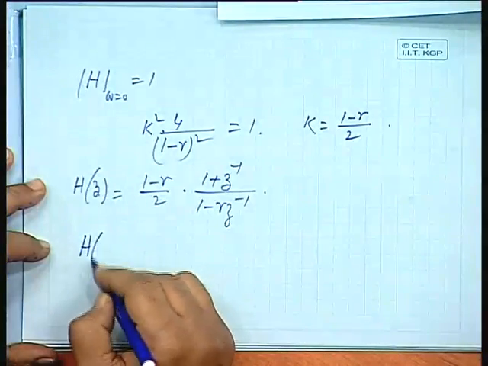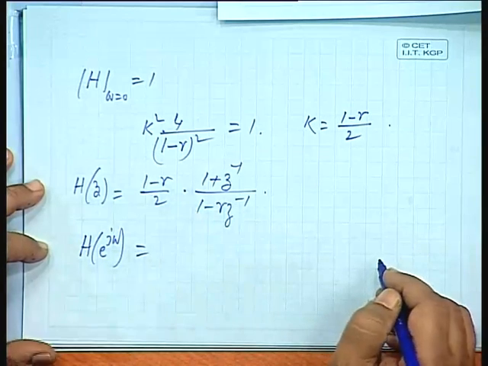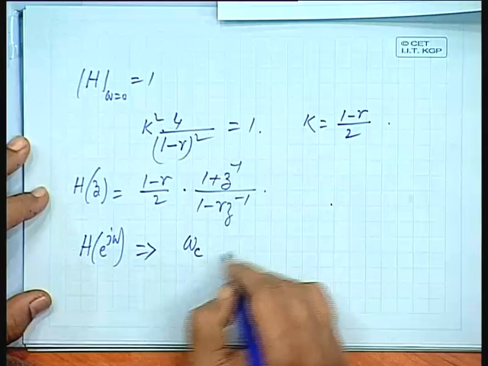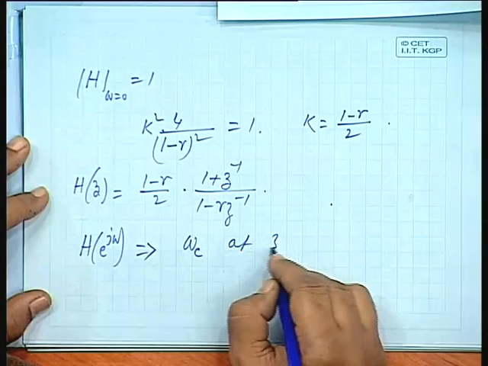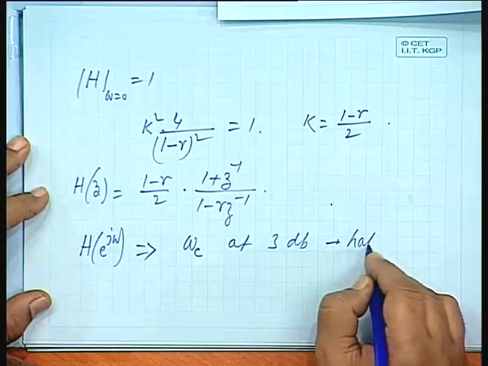I have just normalized with respect to the maximum value. So, H(e to the power j omega) you can write in the standard form. What is that frequency at which power is half, that is the half power frequency, or in terms of dB it is 3 dB. What is the frequency omega c at 3 dB, or I call it half power frequency.